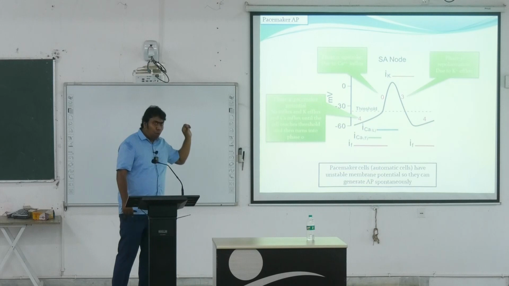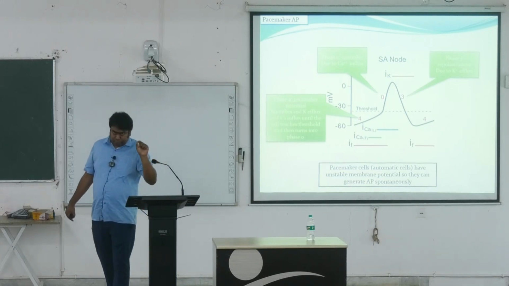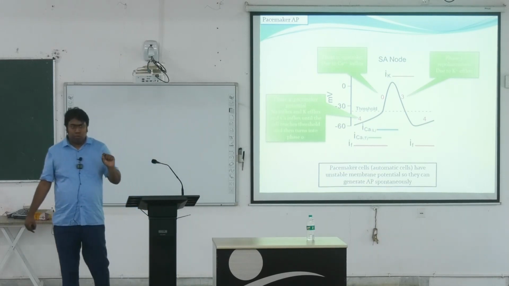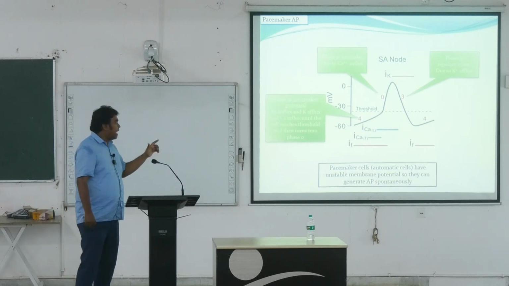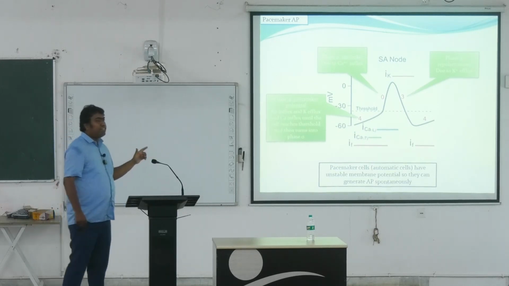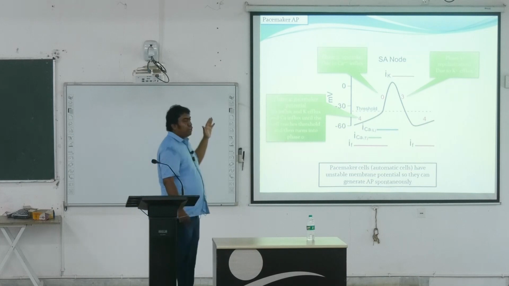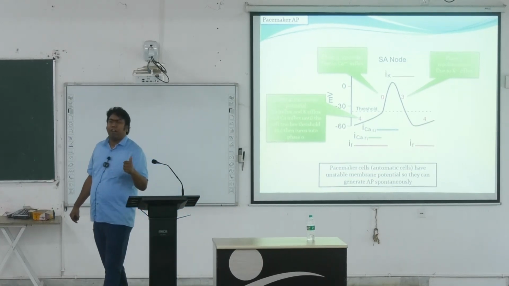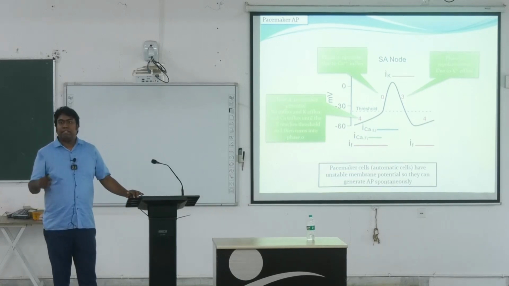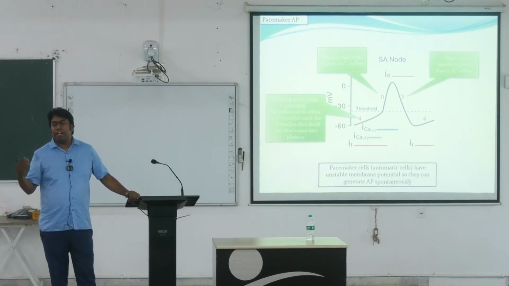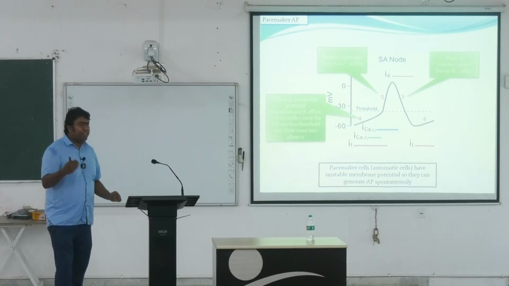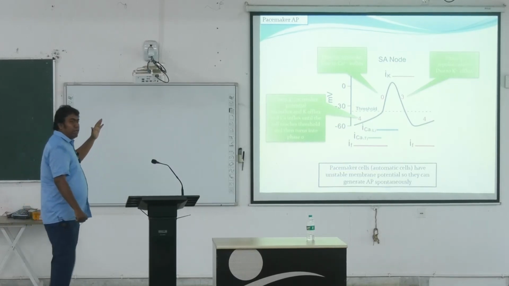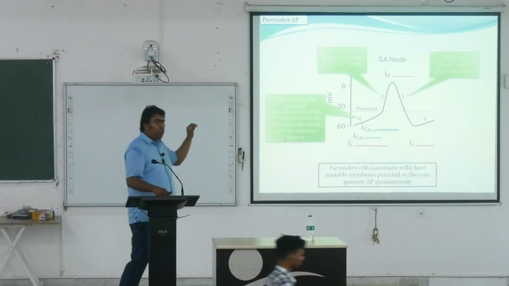Here there is no phase 1 and no phase 2. Another thing is that here phase 0 is due to influx of calcium. In case of atrium, it is influx of sodium. In case of SA node and AV node, it is influx of calcium. There is no 1 and 2.